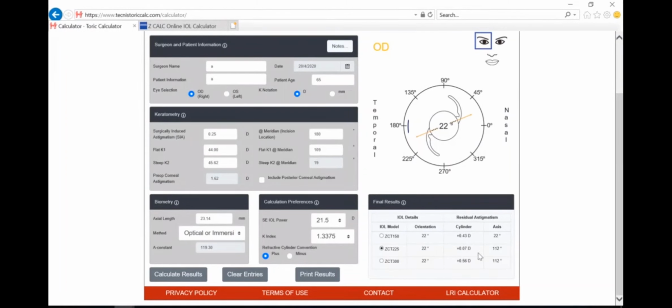But what happens to the steep axis? So now the steep axis is at 112 degrees, right? Because this is a plus cylinder, the steep axis is at 112 degrees. So when you compare it with the original astigmatism, the steep axis is opposite. Okay, so that means it has changed the axis of the astigmatism.